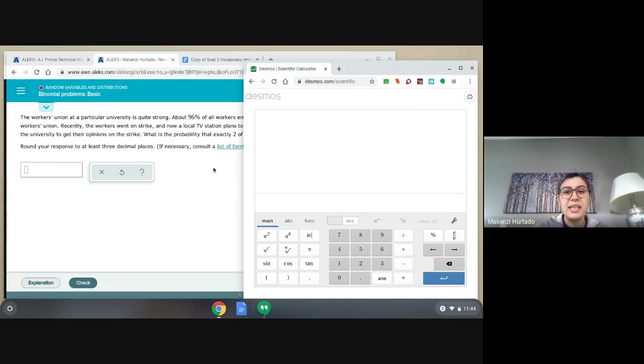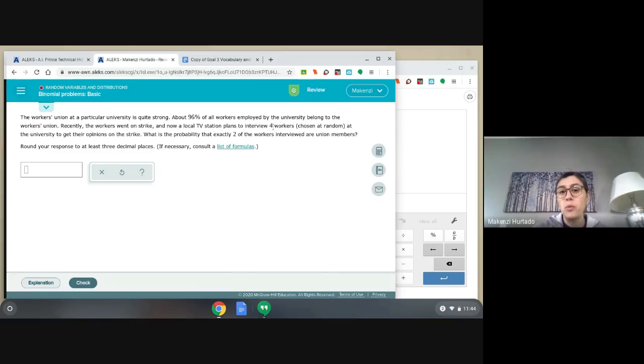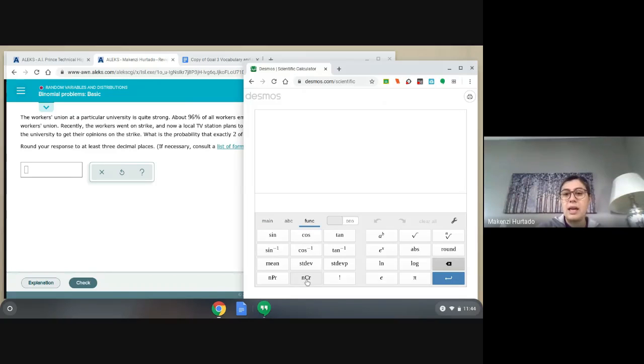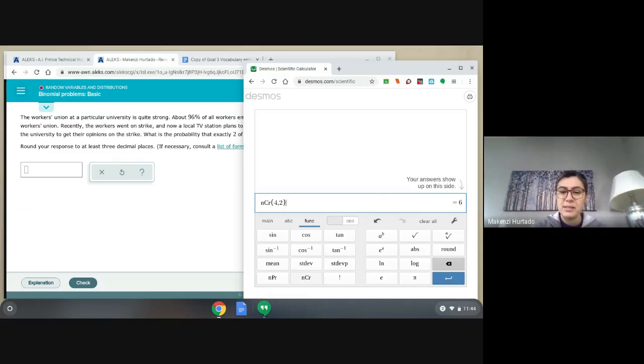So the first thing is that we are looking at 4 workers and we want to know the probability that 2 of them are union members. So we're going to click on function. Combinations. 4 choose 2 is going to go first. Then it's going to be times the probability, which is 96%, so 0.96.